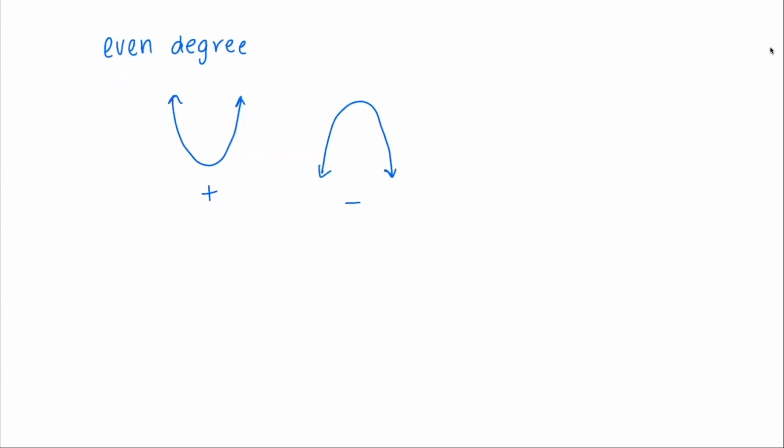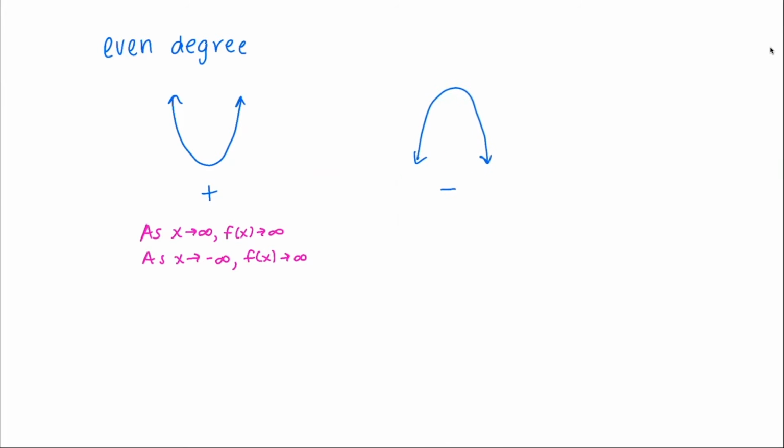So if I wanted to describe the end behavior of this function here, we would say as x approaches infinity, f of x also approaches infinity. And as x approaches negative infinity, f of x also approaches infinity. So both ends of our function are approaching infinity. So they're both going up to infinity.